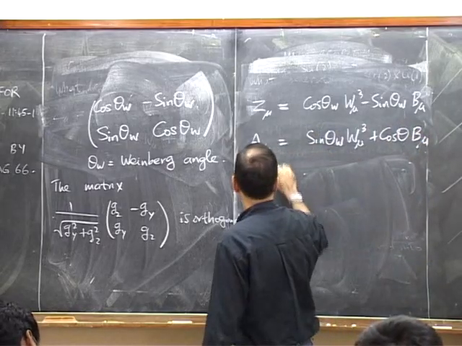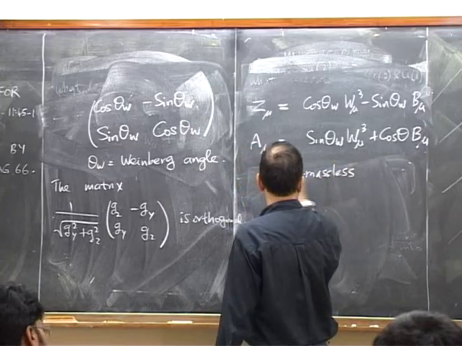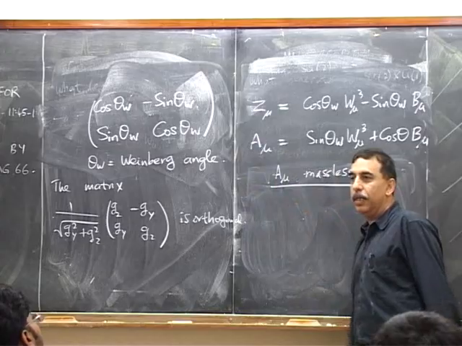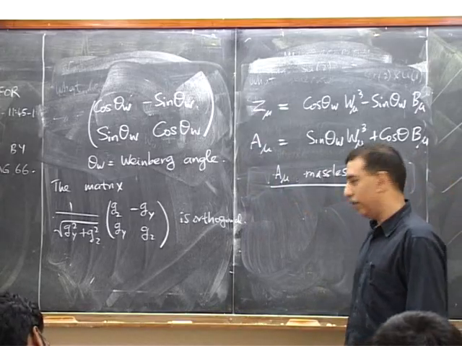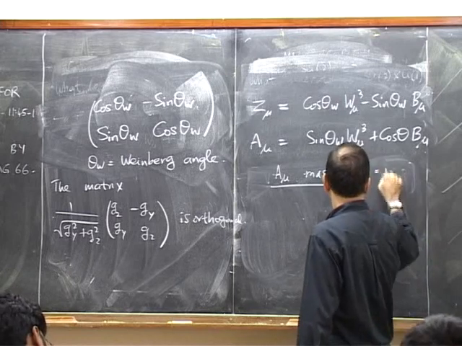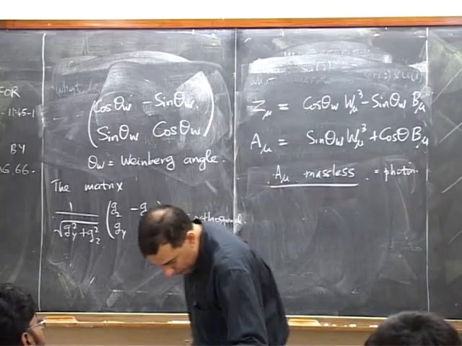Okay. And A mu is massless. And here there is absolutely no ambiguity in this theory because it's massless and it's the only massless gauge field. It has to be identified with the photon. Okay. So I'll stop here.